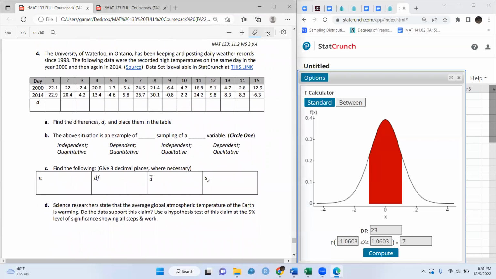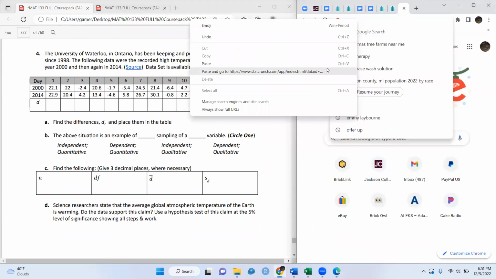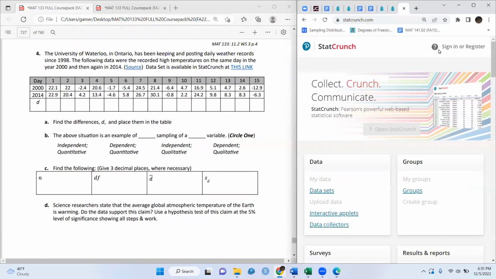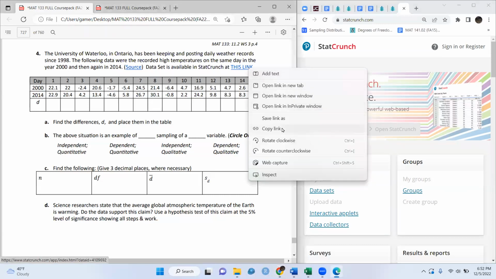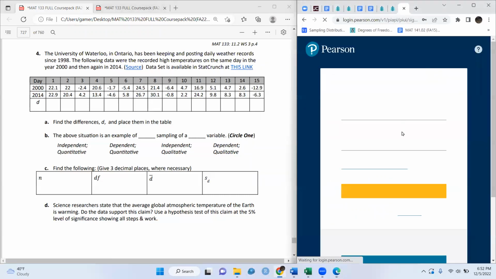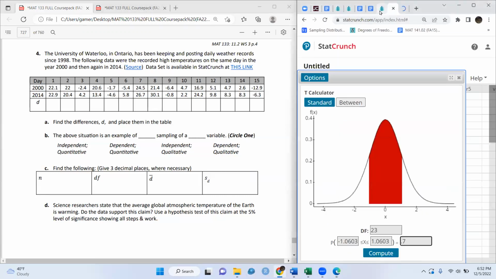So apparently there's a link here we can click and it will open. Let's see, copy link, paste and go. Well, does it work? Well, no, that didn't work. Maybe if you were signed in. I mean, I'm logged in on this other page.